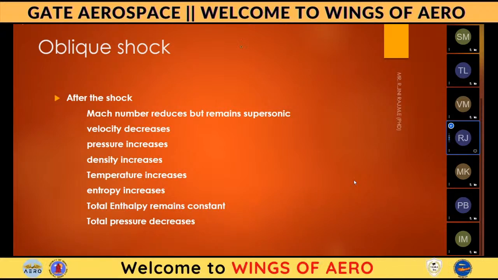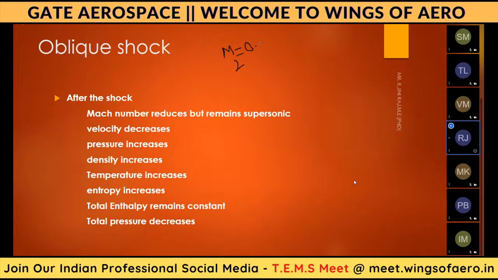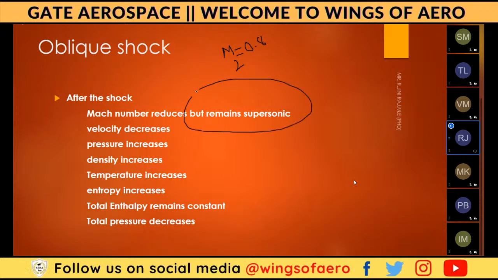In oblique shock also, the Mach number is reduced. But the difference between normal shock and oblique shock is that in a normal shock, the Mach number will be decreased to a subsonic level. That is, after the shock, M2 will be subsonic, maybe 0.8, 0.7, 0.9, like that. But in oblique shocks, M2 will still remain supersonic.